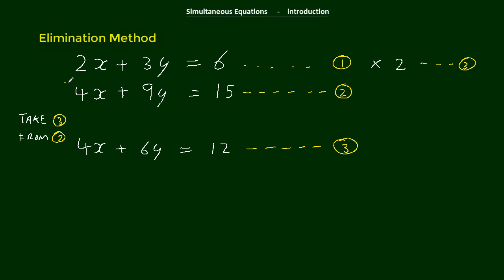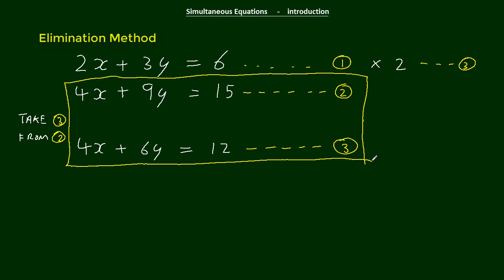So let's do it like this. 4x minus 4x, no x's. 9y minus 6y, 3y. 15 minus 12, 3. Well, y must be 1.